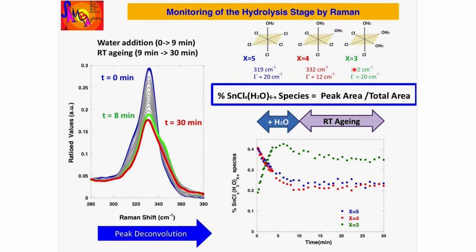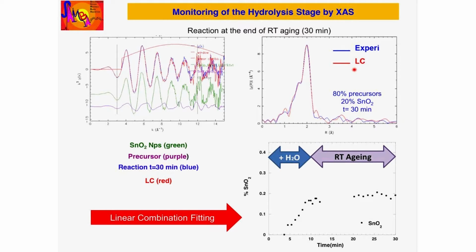Of course, we have at the same time the results gained by X-ray absorption spectroscopy, illustrated here in terms of quantitative speciation. We know from small angle X-ray scattering in particular that we have the formation of tin oxide particles at the early stage of the water addition.